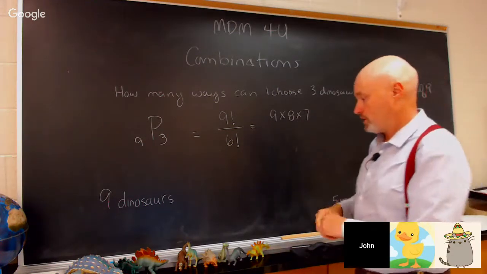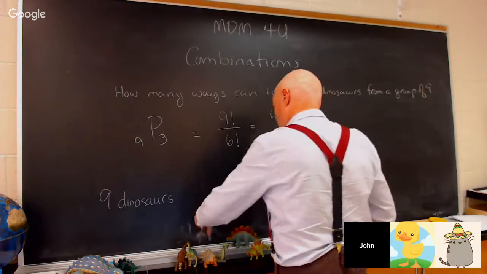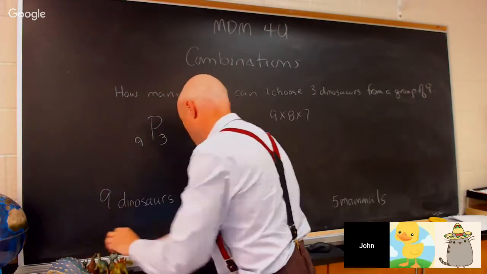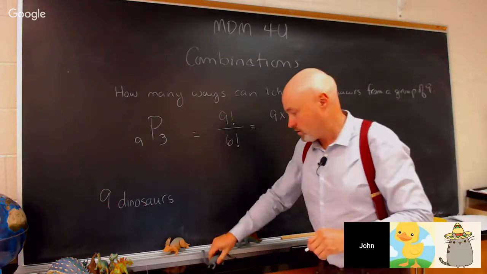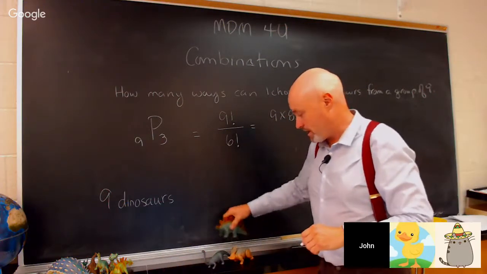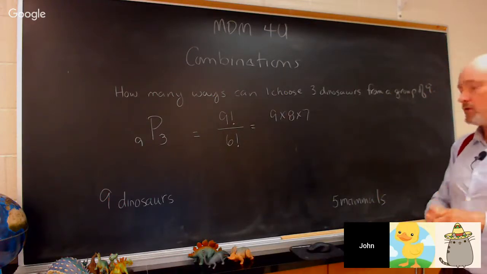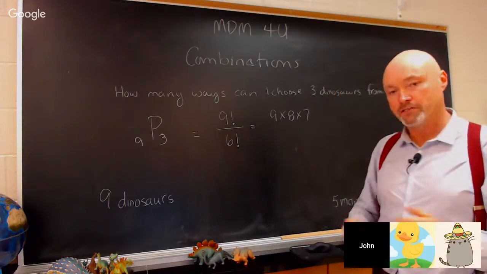Okay, so here we go. I'm just going to randomly pick 3 dinosaurs here. There we go. And so I've chosen 3 dinosaurs. And you know what? Order doesn't matter. They're going to wander around like dinosaurs. There is no first, second, and third. We have to just figure out how many combinations there are rather than permutations.